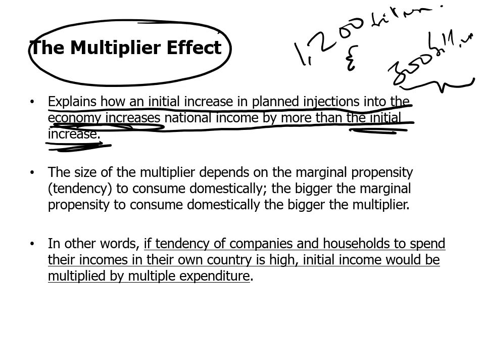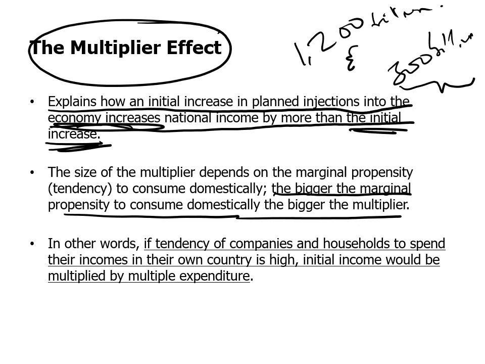Why? Because the bigger the marginal propensity to consume domestically, the bigger the multiplier. So if I spend £70 out of that on British goods, or wherever I'm from, I'm using more of that money in that economy, so the increase will be more. The amount of money that would go around in that economy would be more.